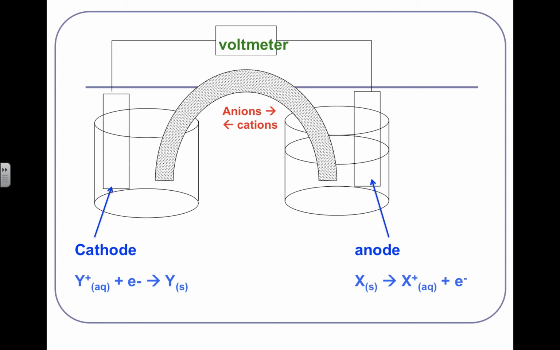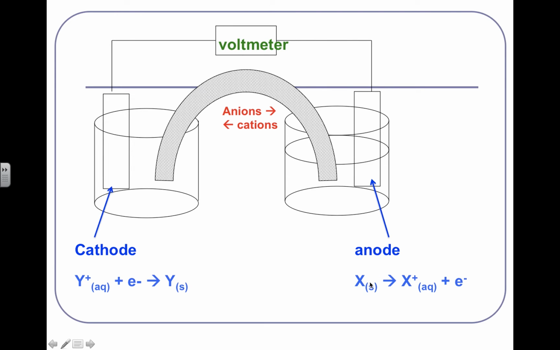The cathode is the site of reduction, and the anode is the site of oxidation. So what that means is that at your cathode, the aqueous ions are going to gain electrons and become solid. So you'll actually see an increase in mass of your cathode.